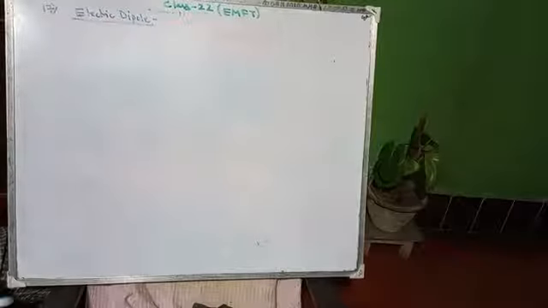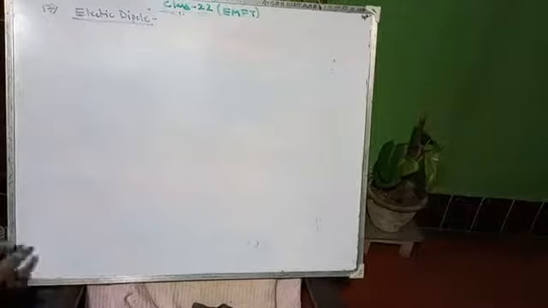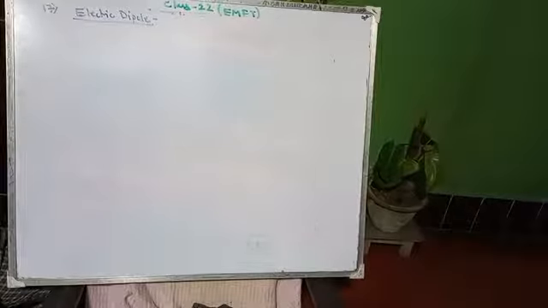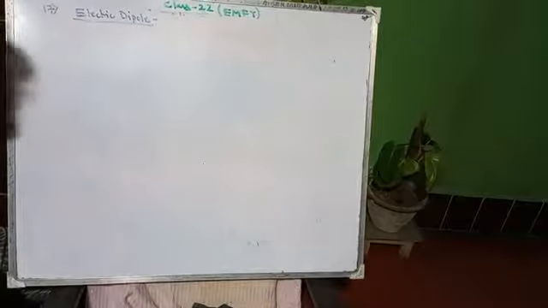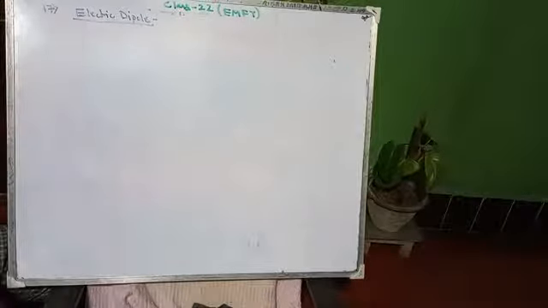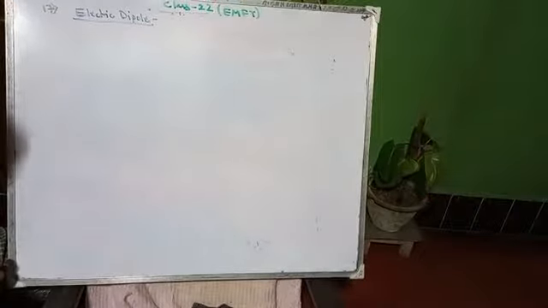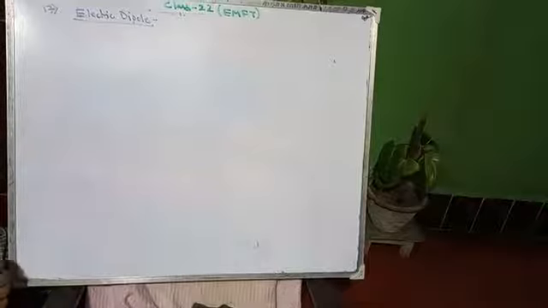Two equal and opposite point charges separated by a small distance, compared to the distance at which the field is to be measured, are said to constitute an electric dipole.